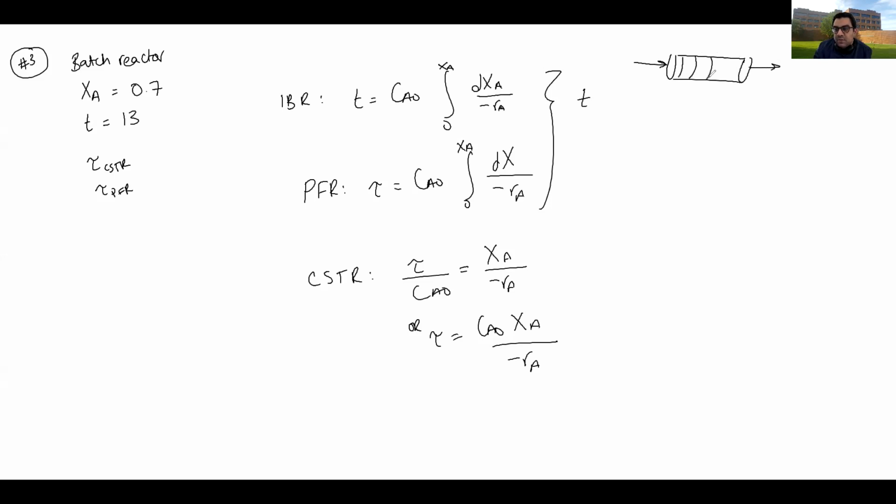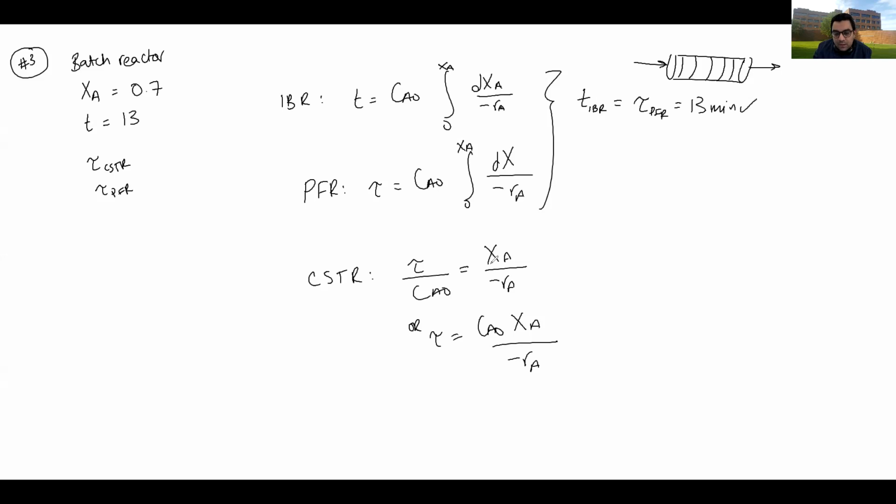So you can think of a PFR as a bunch of small batch reactors just pushing each other. That's why these equations are the same. So the time for the IBR will be equal to the tau for a PFR, and this will be equal to 13 minutes.